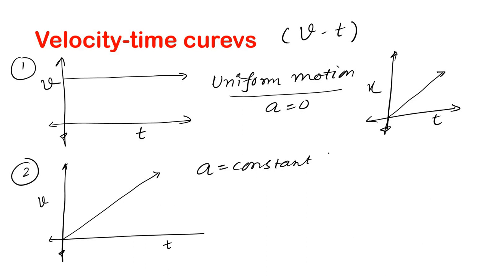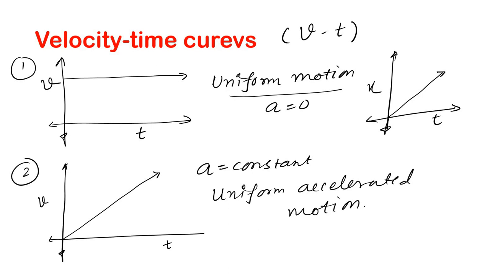Let's take the third case where you have a situation like this. So this is v and this is t. Here alpha is v2 minus v1 divided by t2 minus t1, which is less than 0, or negative. So negative acceleration indicates that the acceleration is in the opposite direction, right? So speed is reducing rather.